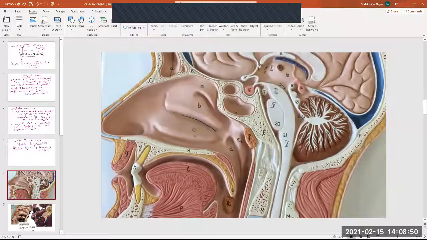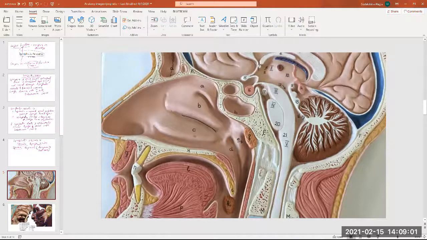So starting here, this is a sagittal section of our nasal and oral cavity, basically with the brain, then the nasal cavity and the oral cavity. Starting with the tonsils. Basically there are 5 tonsils.